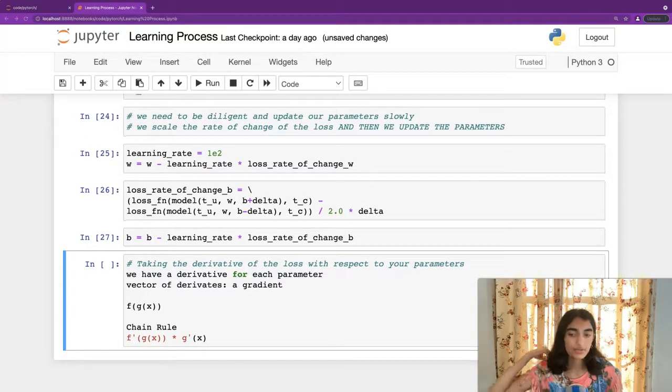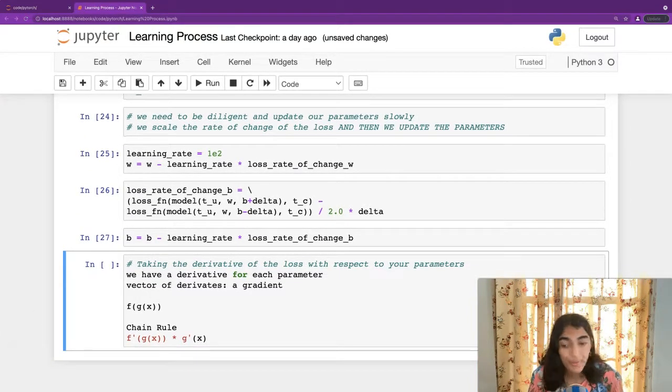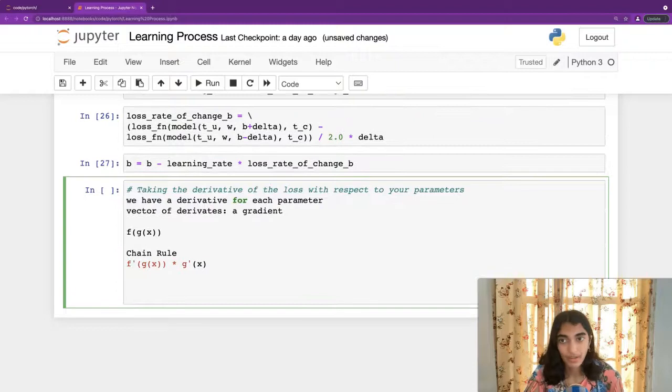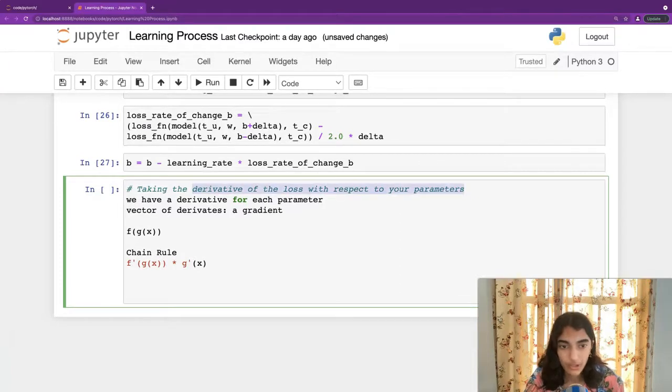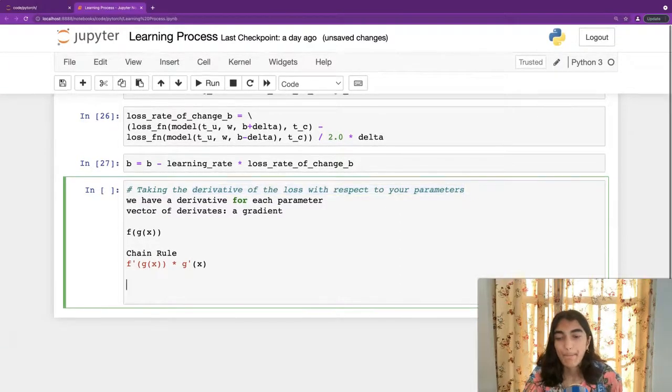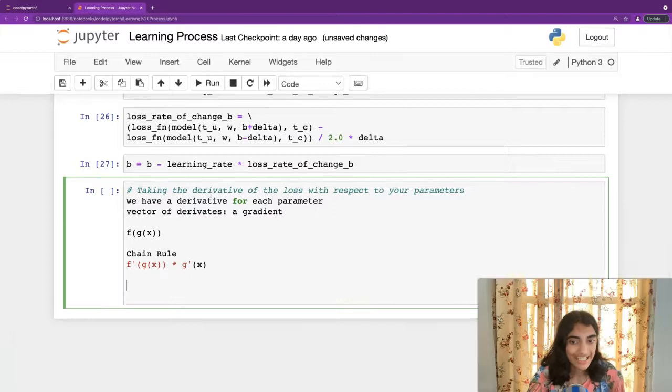So how does this relate to our example? Actually, not our example, but machine learning in general. We want to take the derivative of the loss with respect to your parameters. But remember what the loss function is.